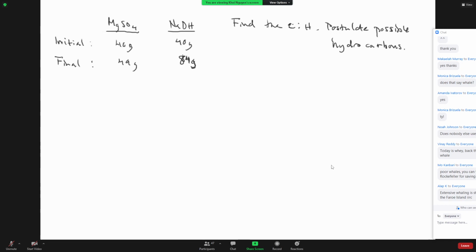Find me the carbon to hydrogen ratio. Correct.